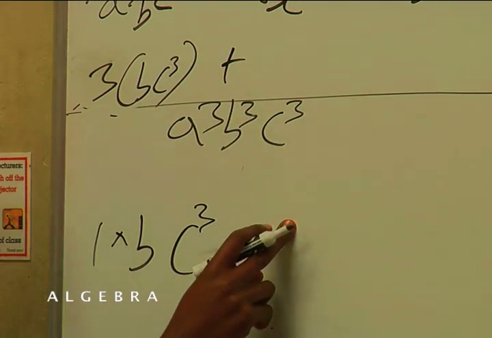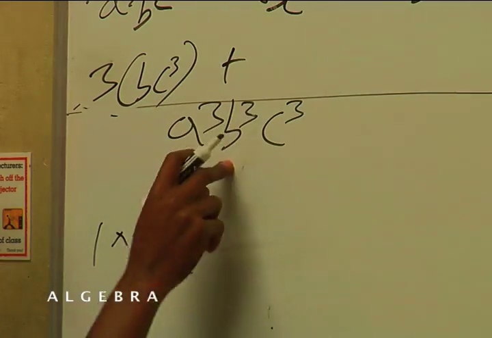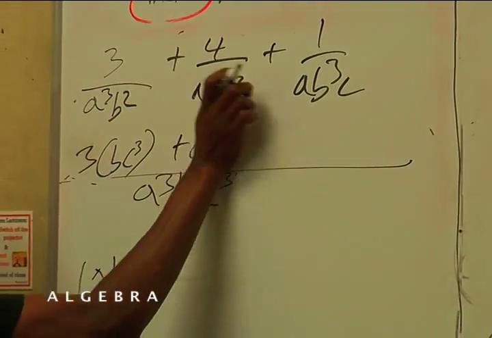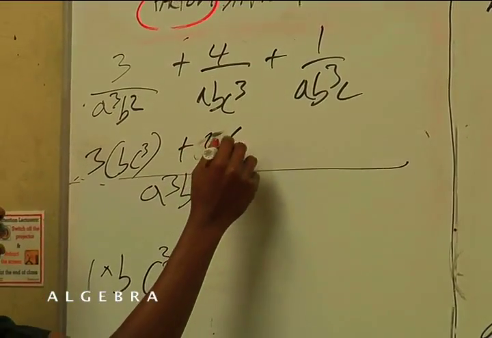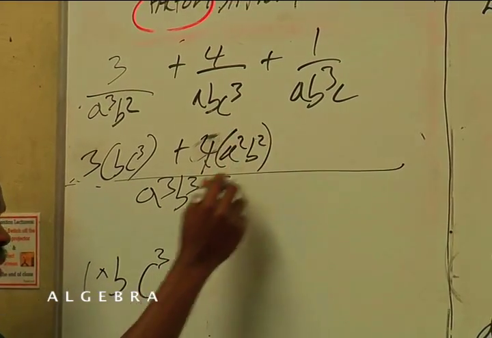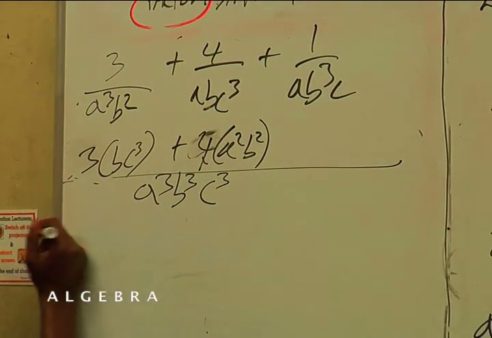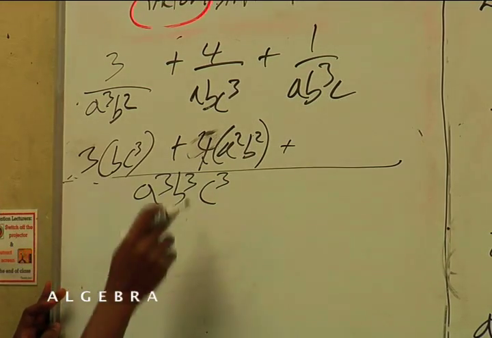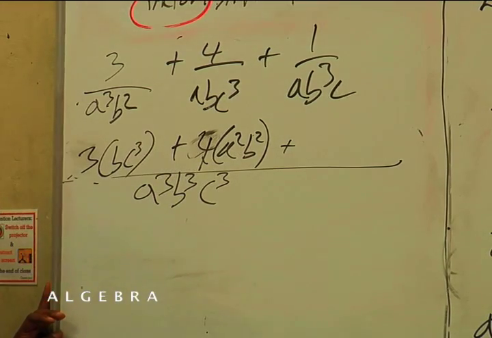Plus, cancel B square, so A square, 4 bracket A square B square. Plus, where is C? That's C cube, cancel out C cube.